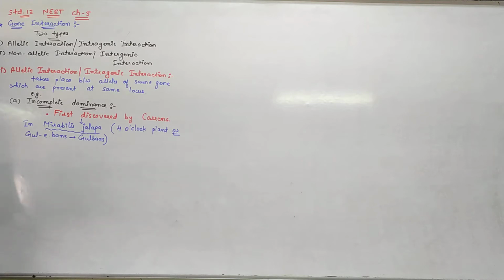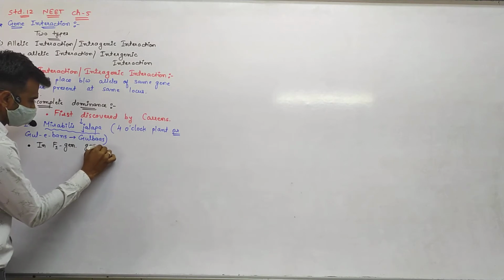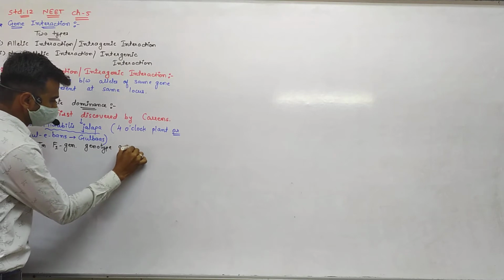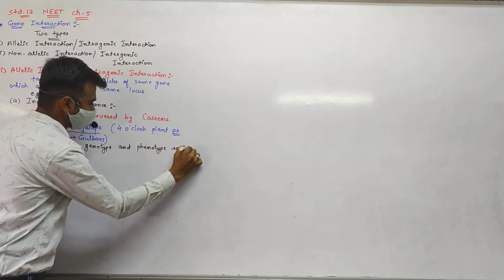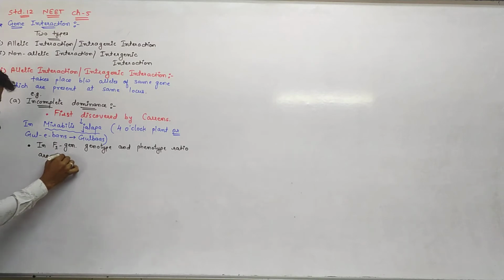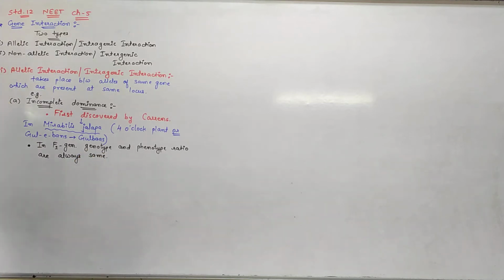Okay, so here one point you write: in the F2 generation, genotype and phenotype ratios are always the same. Antirrhinum species is given there.